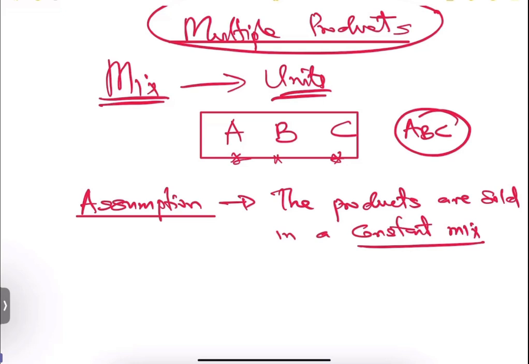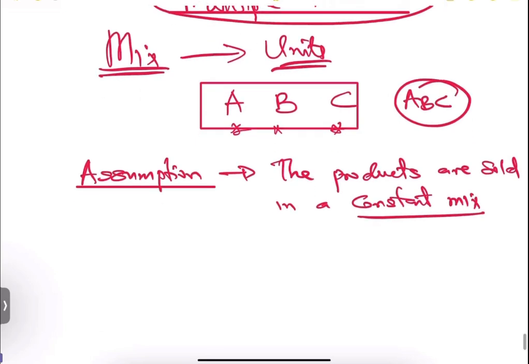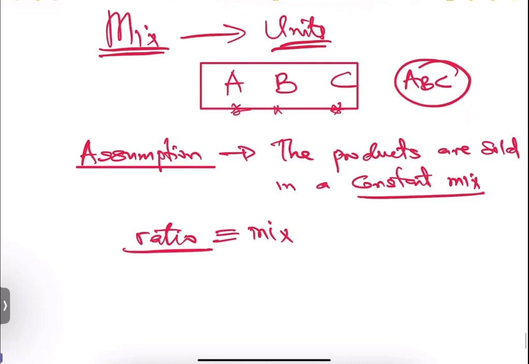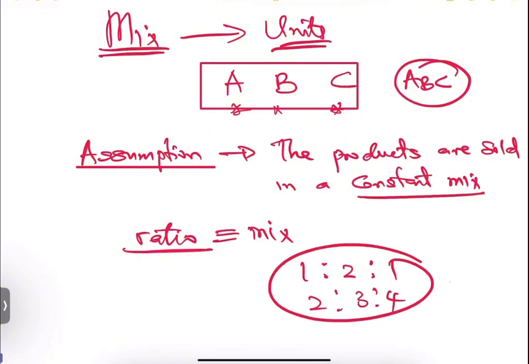The constant mix assumption is the most important thing here. So when we're talking of mix, we are just talking about ratios. In what ratio will those products be sold? That's what we're calling mix. Is it ratio 1 to 2, or 2 to 3 to 4, whatever it is, you will be given.